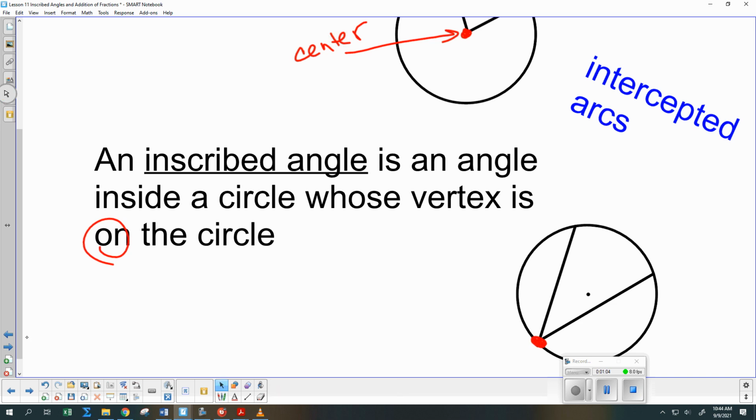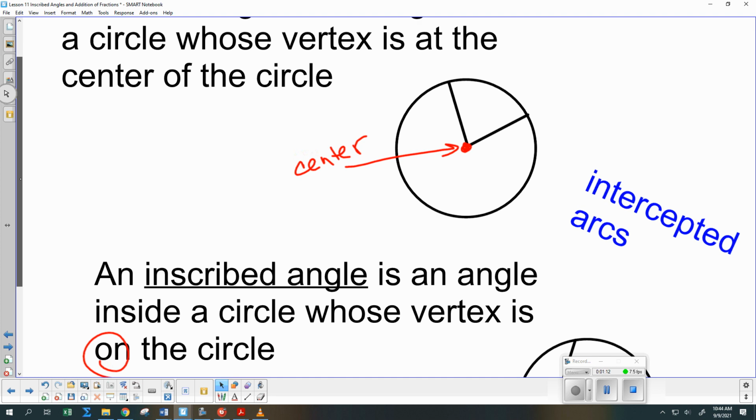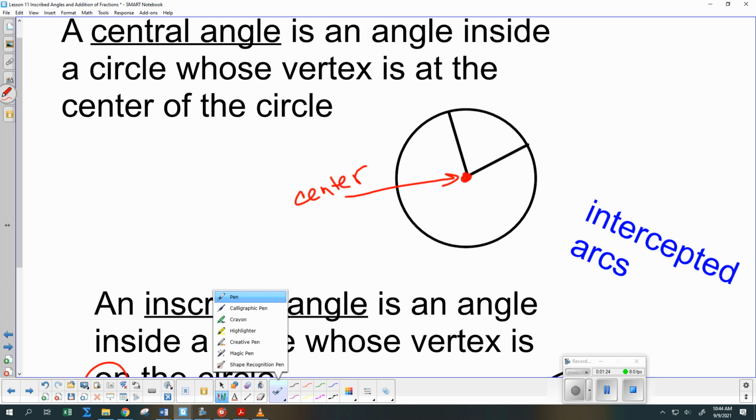So the only difference in central and inscribed is where the vertex is. Either the center of the circle or on the circle. For both kinds, we say that we have what are called intercepted arcs, and that is the part of the circle that the angle catches.